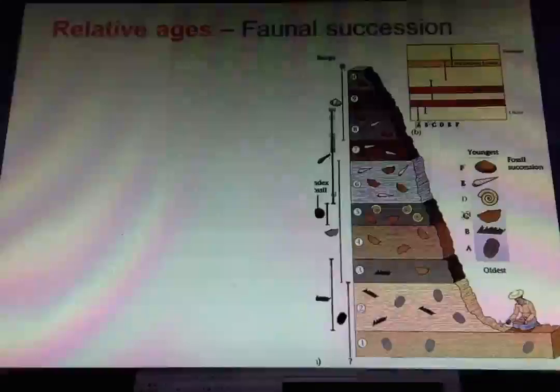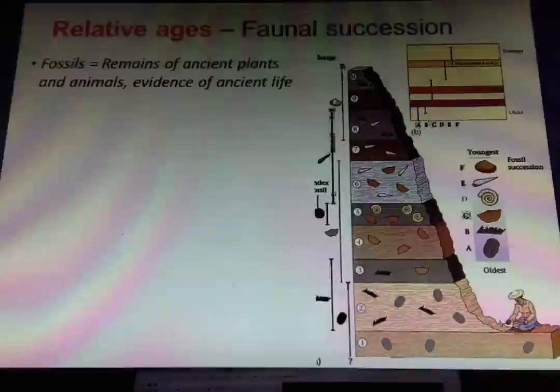So some relative ages then in terms of faunal succession, so animals, organisms. Fossils, the remains of ancient plants and animals, evidence of ancient life, deposited in these layers within sedimentary rocks.